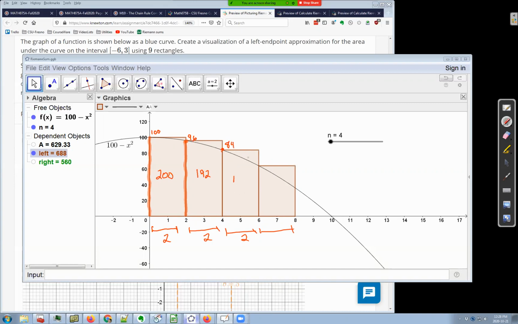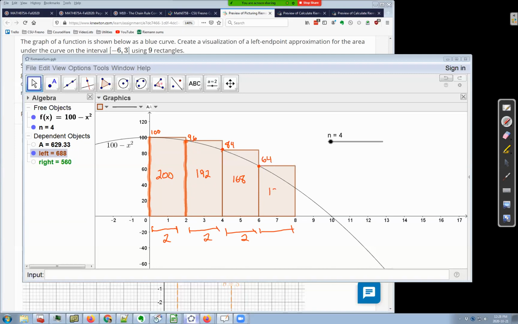And so that means this is 168. And then lastly, if I put 6 in, I need to figure out the height of the last rectangle, which is whatever the y coordinate here is. And the y coordinate here is what you get when you put 6 into the function. And when you put 6 into the function, then you get 64.